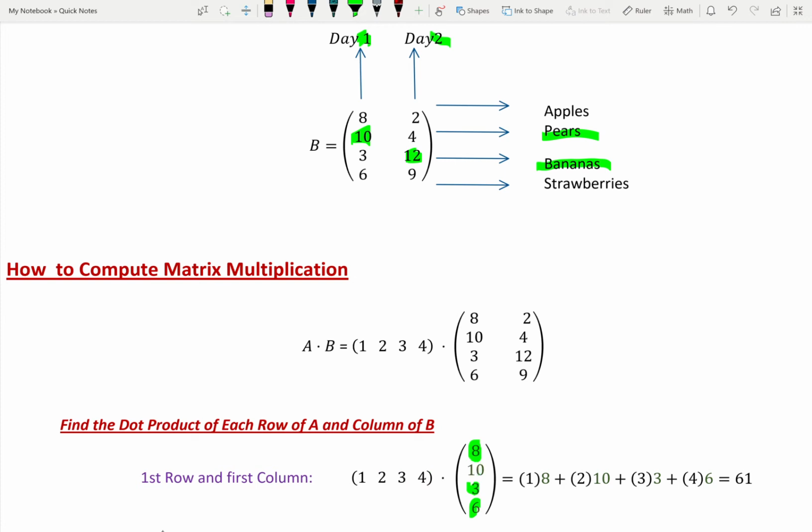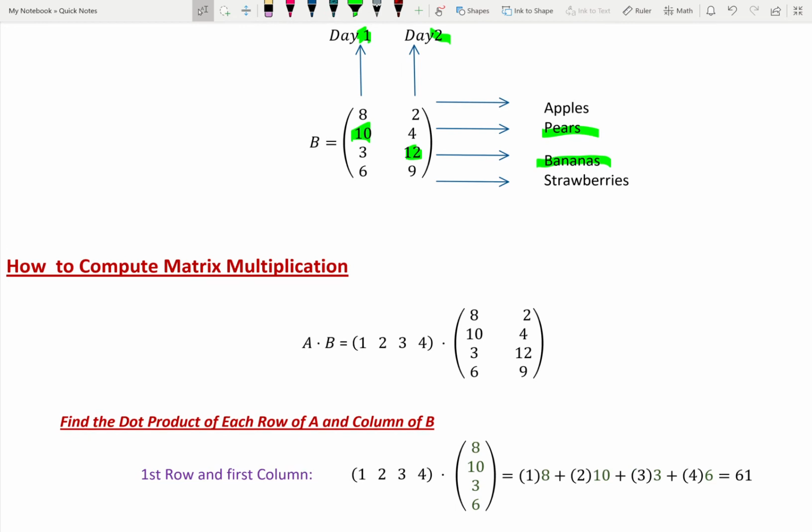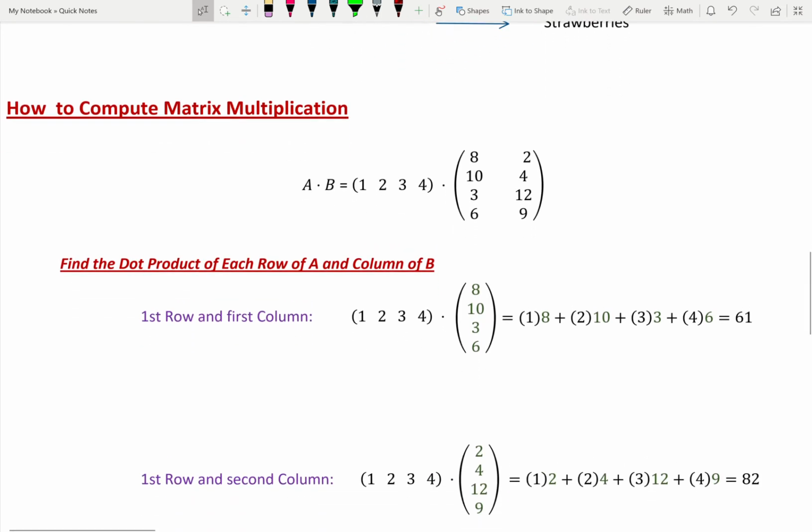Take a second, glance at it, understand, and let's do the next one. So remember, we had to multiply all of the rows of the first matrix by all of the columns of the second matrix. Well, we got lucky here because matrix A only has one row, so we only have to do this 2 times. Now I'm going to take the first row of matrix A and multiply it by the second column of matrix B. Again, we have 2 vectors being multiplied, and I'm going to perform the dot product on it.